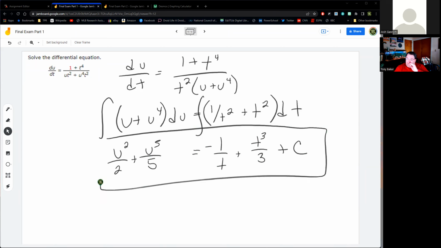And that's my final answer because I can't solve for u. So really the biggest part of this one is being able to separate out the u and the t so we can actually do the integration.